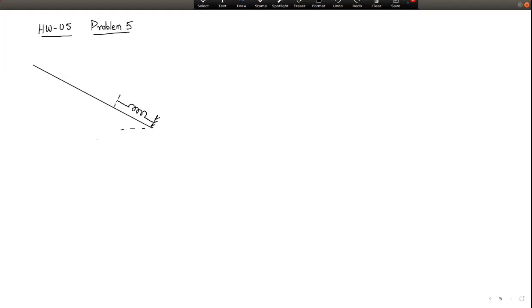So let's call this point B, and after it gets compressed by a certain amount, let's call that point C. So this amount of compression here will be called X. The amount of distance it falls along the incline, so this could be point A here. This is length L that's given to us.